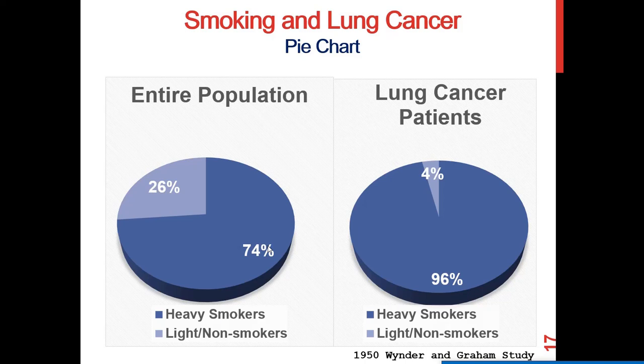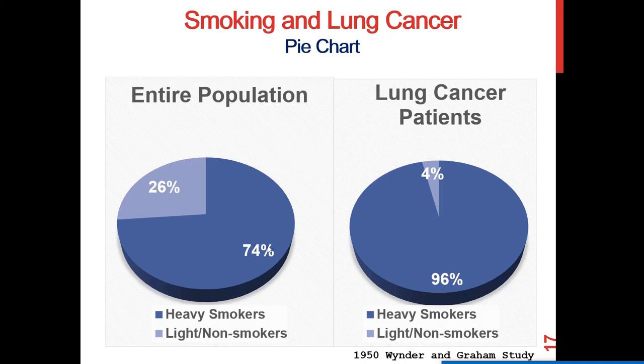And when I say somehow, they are positively related, which means smoking is associated with a higher occurrence of lung cancer. Higher smoking is associated with higher occurrence of lung cancer. So this is a very beautiful example of how a very simple graph like a pie chart can lead to interesting insights.